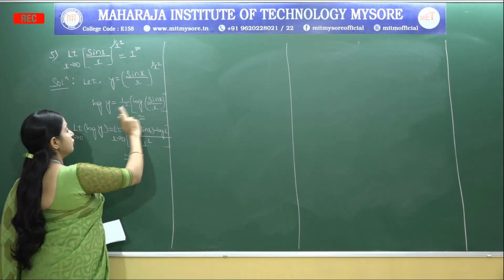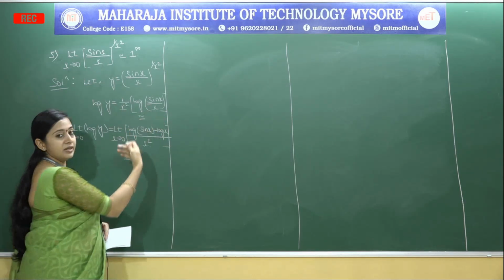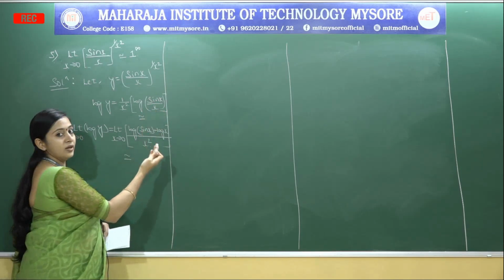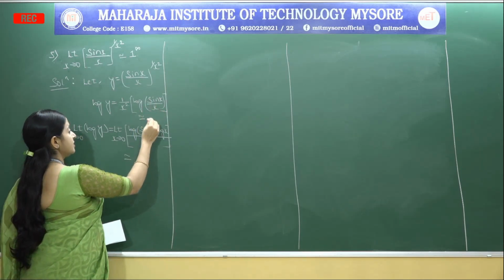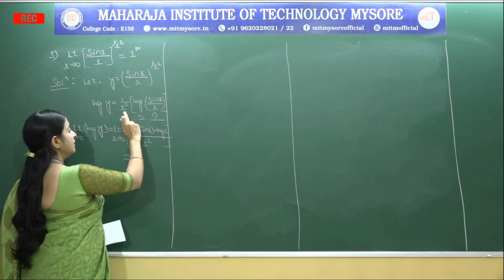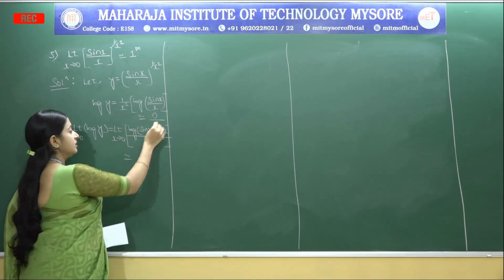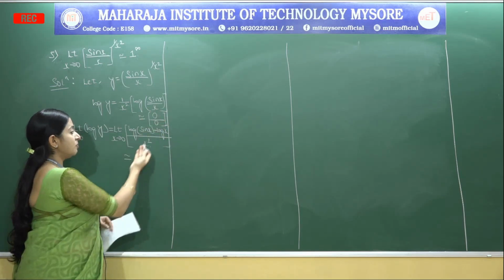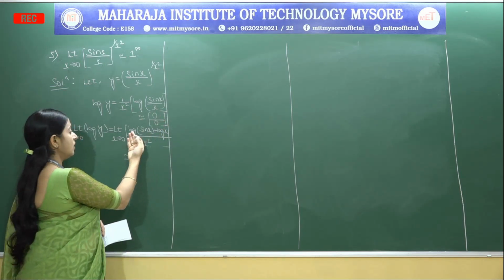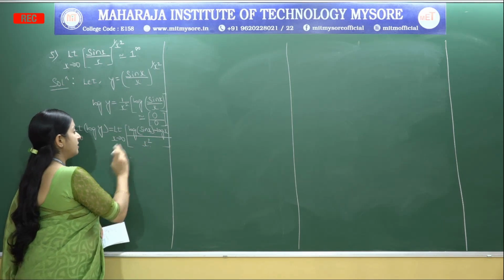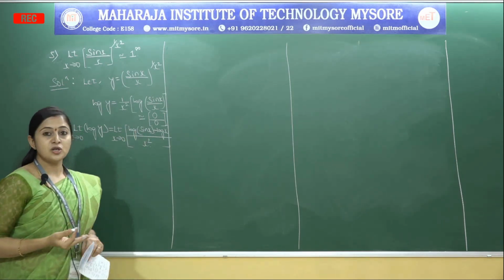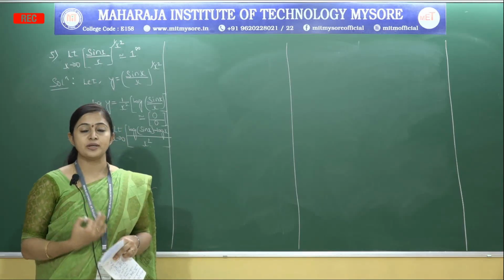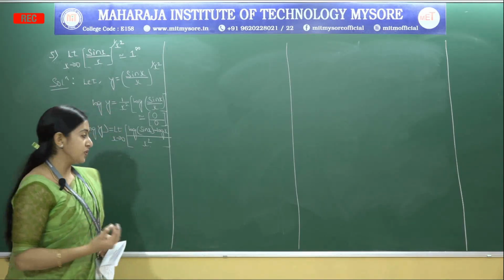As x tends to 0, sin x divided by x tends to 1, then log 1 is 0. In the denominator you have x square, which is also 0. Or you can apply directly for sin 0 and log 0, but better to apply it on the previous term. So you will get the indeterminate form 0 by 0. Then you can apply the L'Hospital rule.